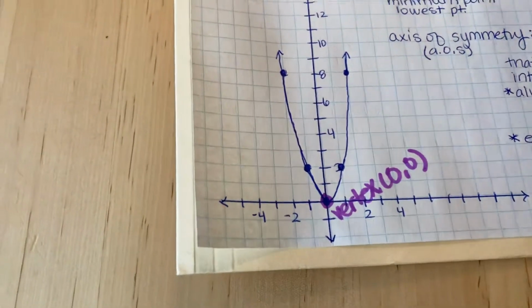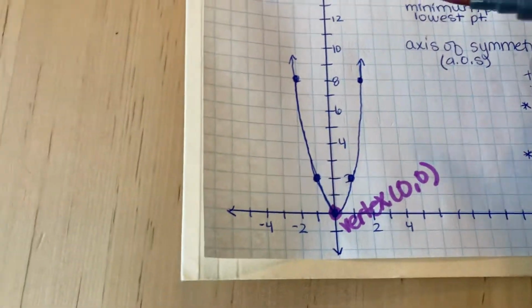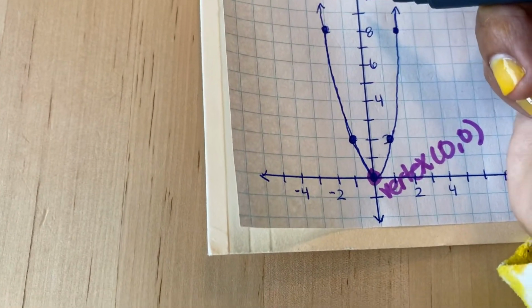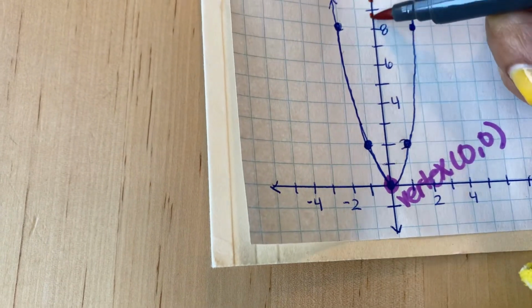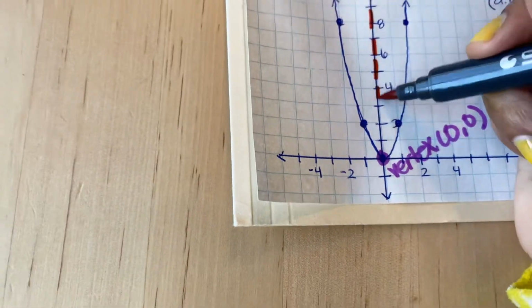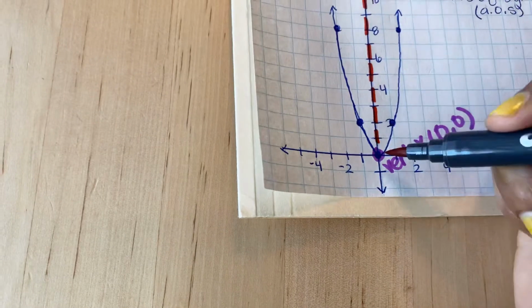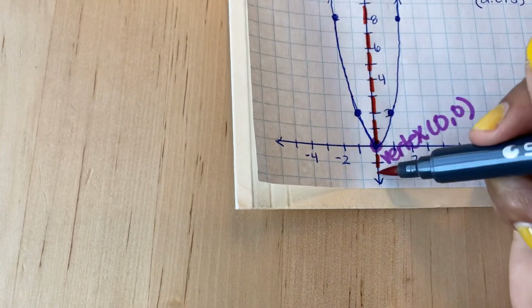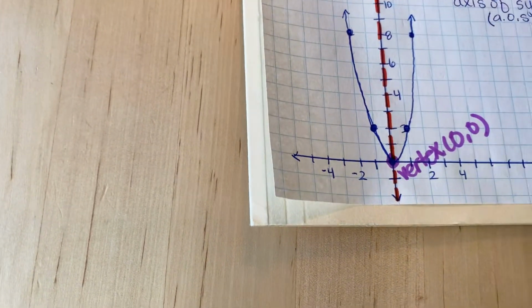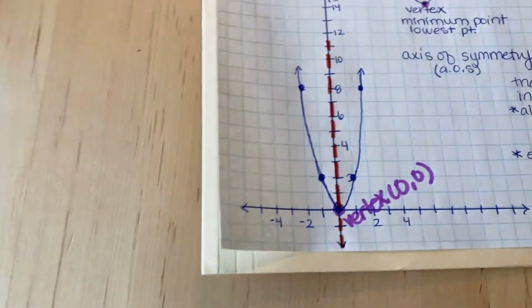So here my axis of symmetry is going to be red. The axis of symmetry is going to be a dashed line, and it will intersect with the vertex, and this is our axis of symmetry.